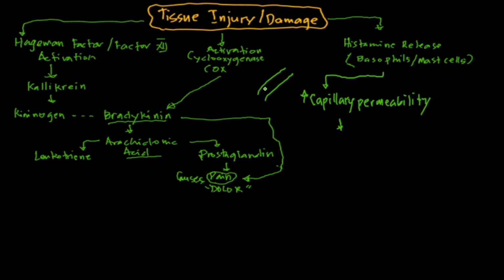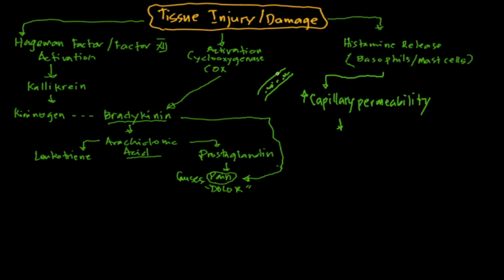Let's say this is your capillary as one of the blood vessels. Inside of that blood vessel, there are a lot of proteins. And the fluid portion of this is what we call your plasma. So those proteins that are suspended in that fluid are what we call your plasma proteins.